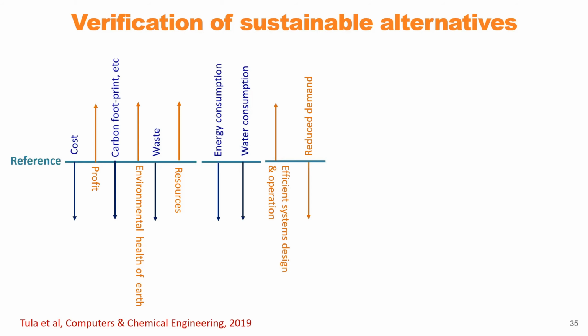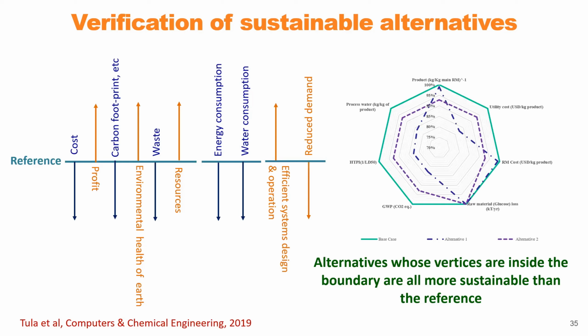And all of this we can represent in what is called a radar plot or a spider plot. The green boundary is our reference. Any alternative that we can find which is inside the reference, by definition, is better than the reference and is more sustainable.